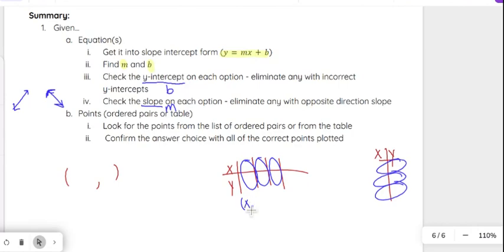And again, that's always x comma y. So just keep that in mind, and then you're going to use those points and look for those points correctly plotted on the graph. And then you can use a process of elimination, or you can check each of the individual points. It's just for time's sake, eliminating options is always helpful.